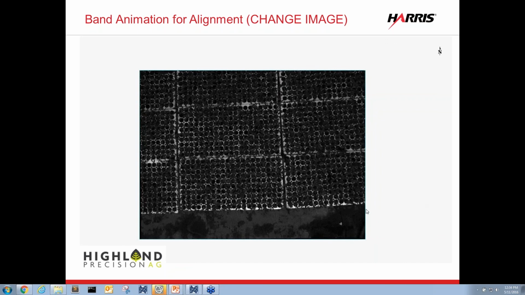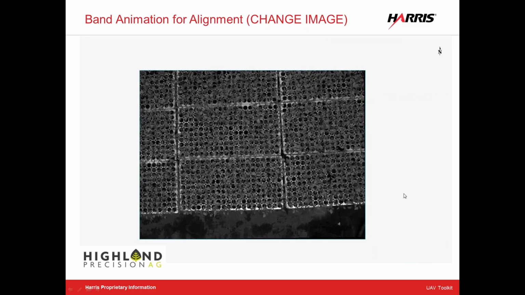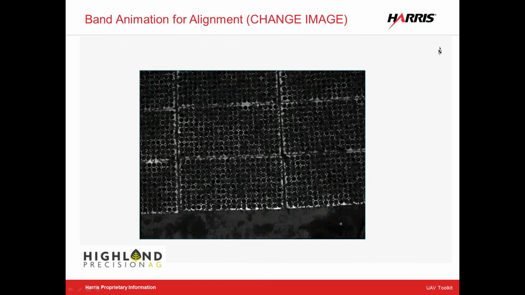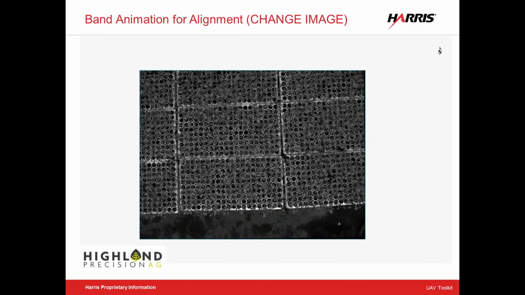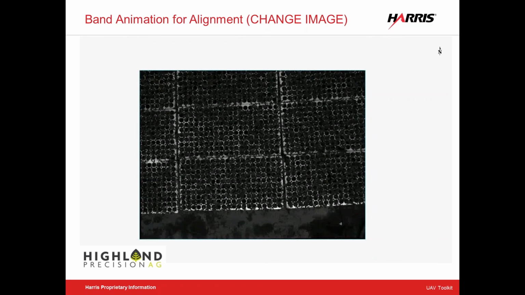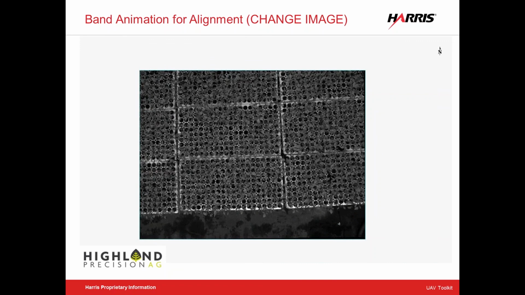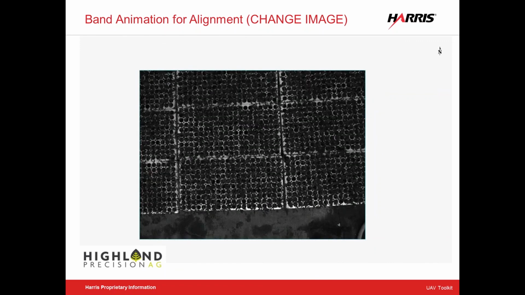This is courtesy of Highland Precision Agriculture. This shows an image taken within a greenhouse, maybe a meter or two above where the plants are. Between the top of the table where the plants are sitting and the ground, this lens misalignment is enough to cause the floor to move around, even though the plane that the plants are on is registered.